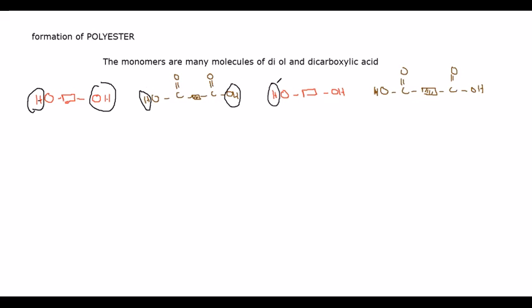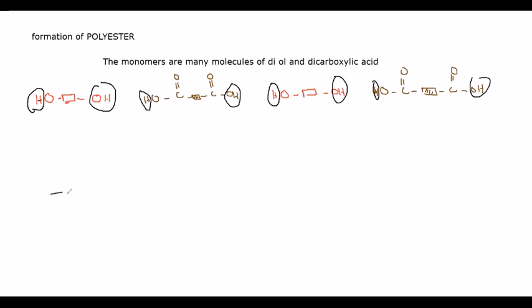Now when we draw the final structure of the molecule, if I remove OH from the first one, the second one should be H. But if the first one is H, the second one should be OH.